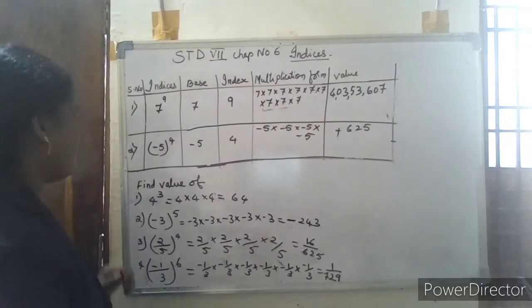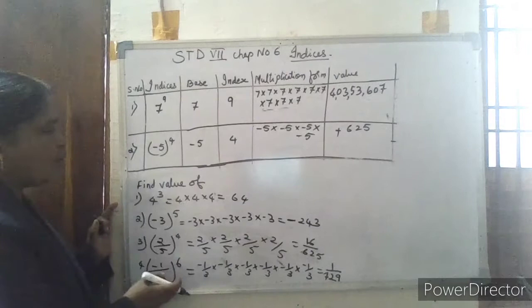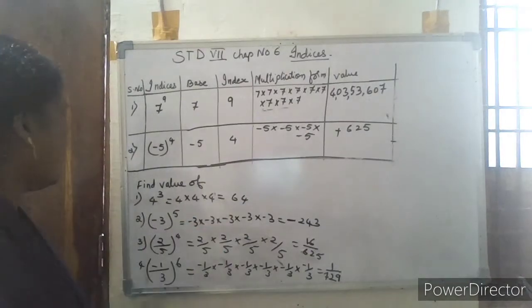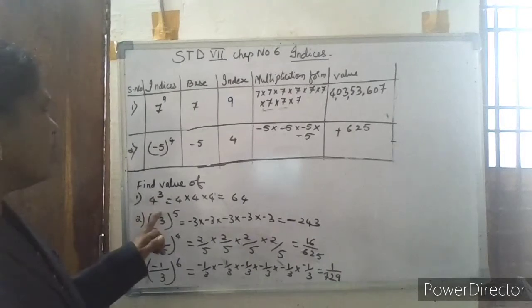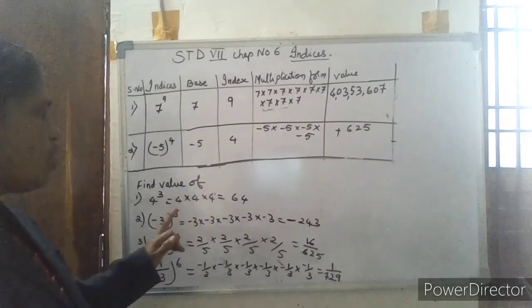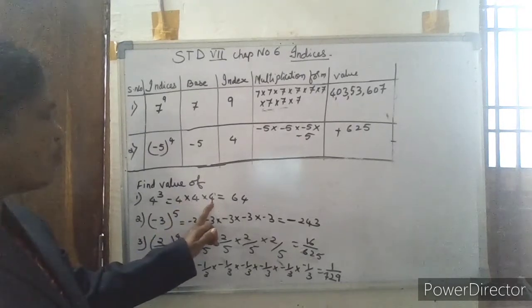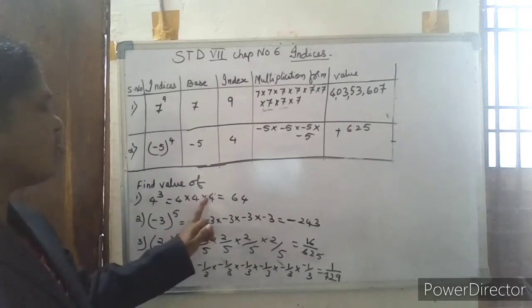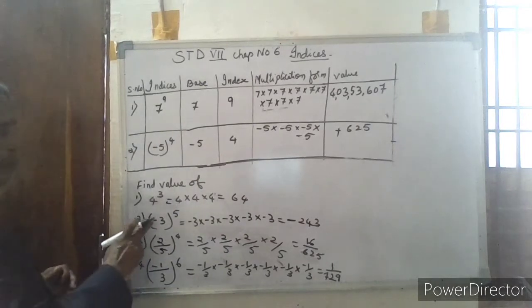Now further, if the questions are given directly to find the value, for example, 4 raised to 3, then you have to write it in the multiplication form, 4 into 4 into 4. Then 4 fours are 16, 16 fours are 64. Multiply and write the answer.